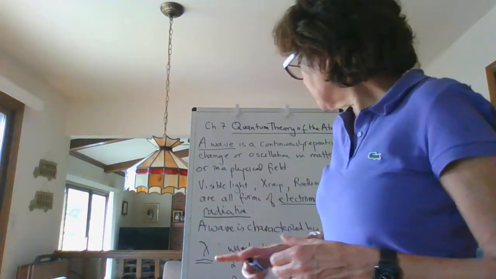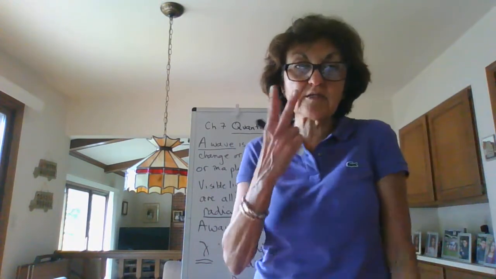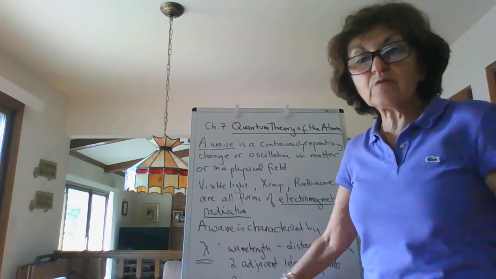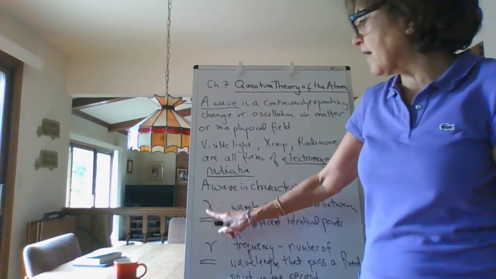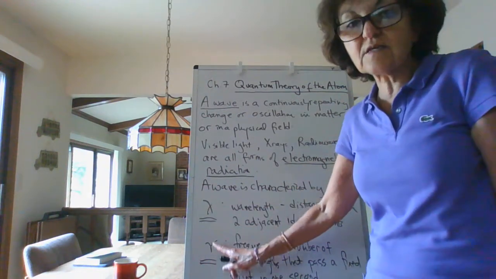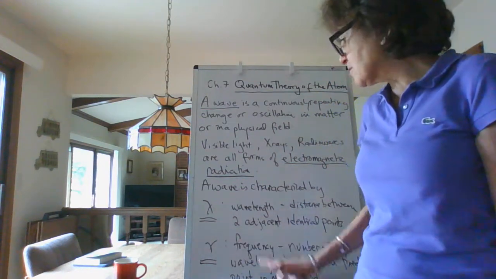Okay, now a wave, whenever we're talking about any wave, we characterize it by 2 main things: wavelength and frequency. Wavelength is symbolized by lambda, Greek lambda, and frequency is symbolized by nu.